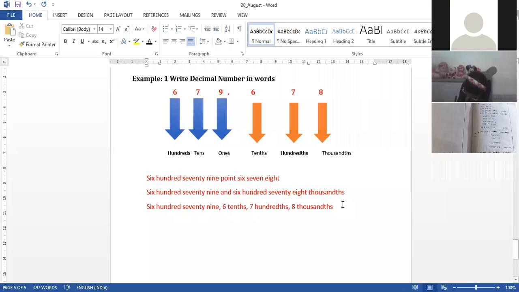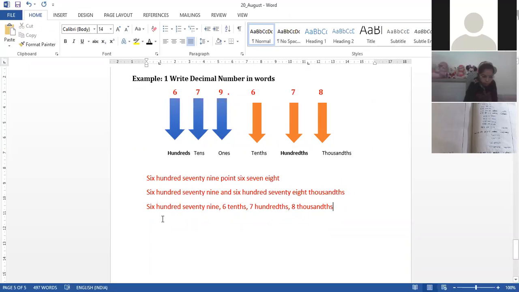Just now I have explained there are three ways to write a decimal number in words. First way, simply I can write 679.678. Second way, since the digit before the decimal is greater than 1, I write "and" in the place of the decimal. After the decimal, we read the number 678, then add the place value of the last digit, which is thousandths: 678 thousandths.